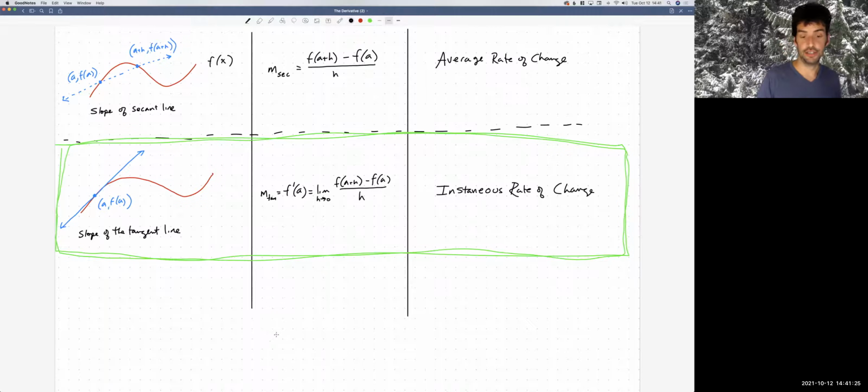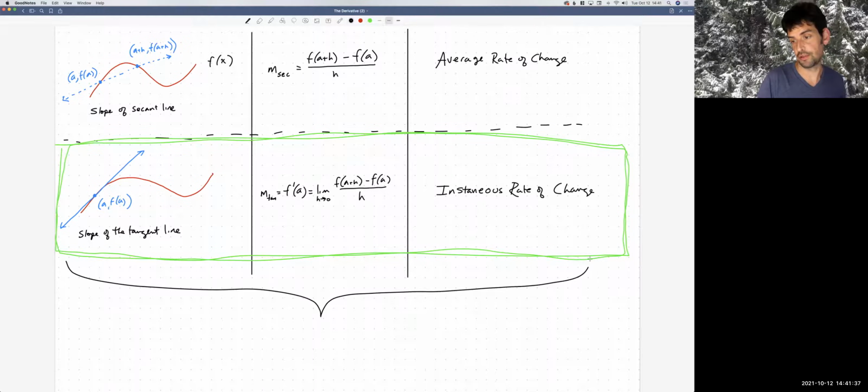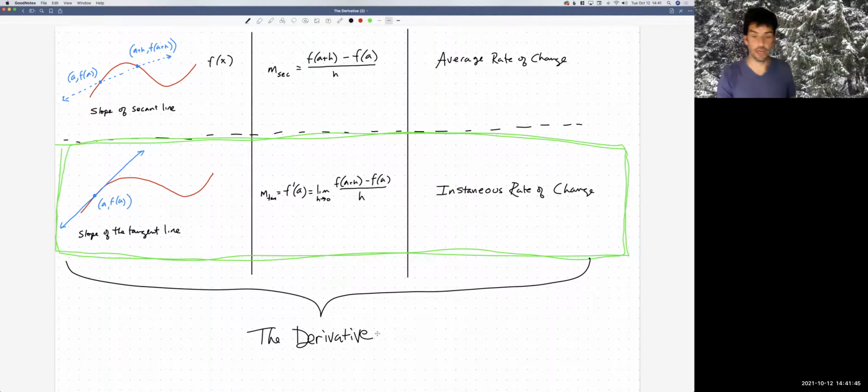These are 3 ways to think about the thing that we call the derivative, right? So when we talk about the derivative, we'll say more specifically the derivative of f of x at a, right?